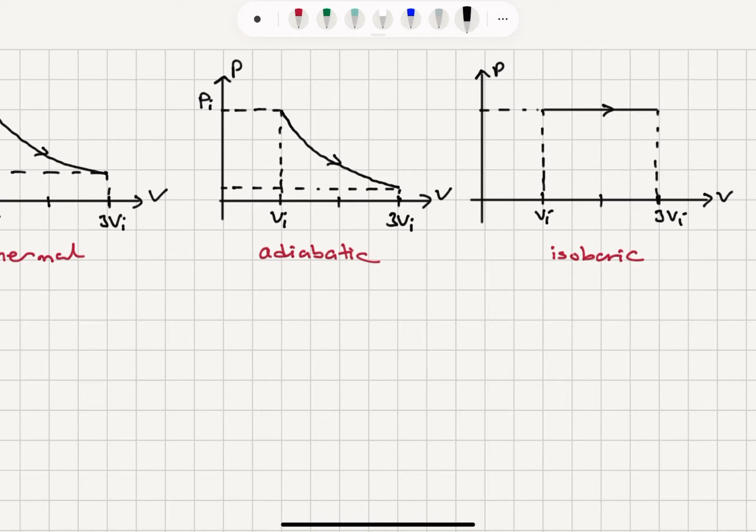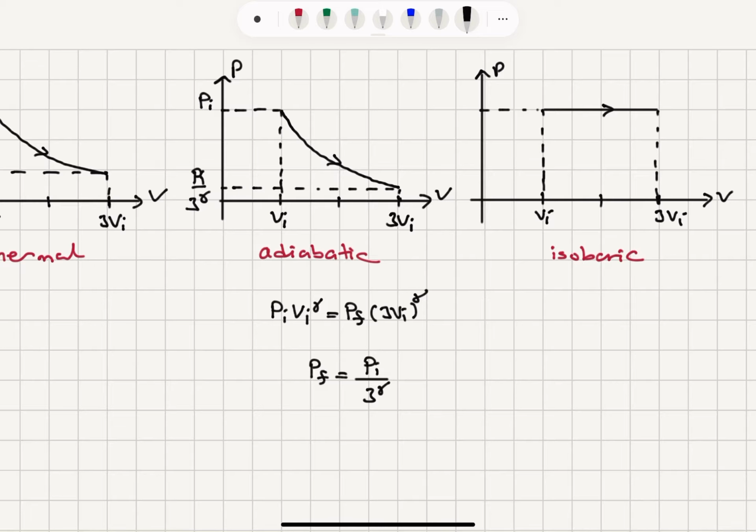That constant is nRT. In the adiabatic process, PV to the gamma is a constant. So if I have P initial, V initial to the gamma equals P final times 3V initial, which is V final, to the gamma, I find that final pressure should be P initial divided by 3 to the power gamma. So this will be Pi over 3 to the power gamma.